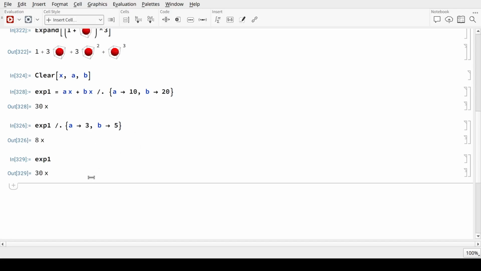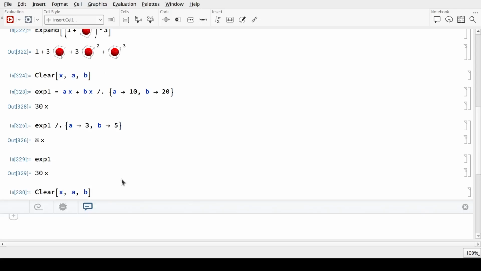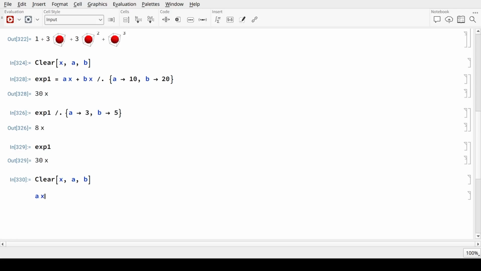Now, let's go over a more comprehensive example. Let's clear the variables again. And let's say we have ax plus bx. Then we substitute a for b. And then we substitute again b for c.